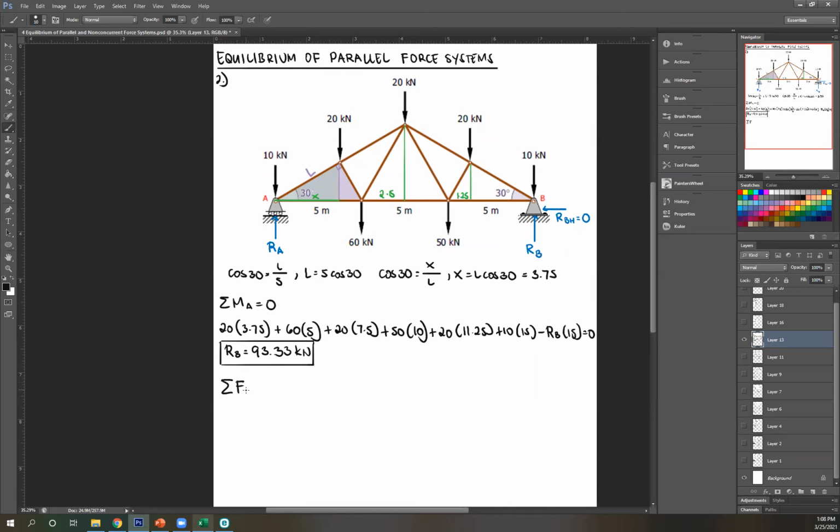Next, summation of forces, vertical equals 0. So RA is upward, so positive, minus 10, minus 20, minus 60, minus 20, minus 50, minus 20, minus 10, plus RB equals 0. And now I can solve for RA. Correct, Skyler. It is 96.67. Correct, Jan.